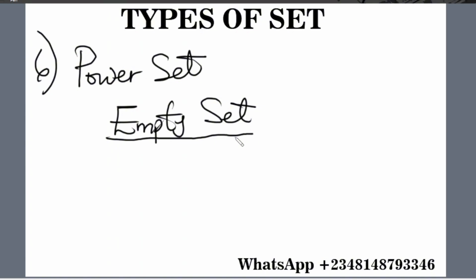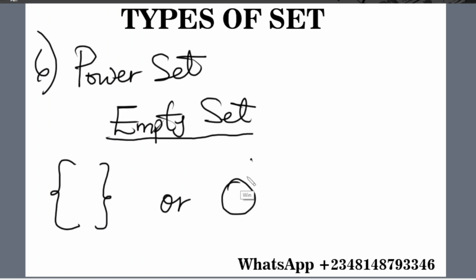It is usually denoted by a curly bracket with no element in it, or phi.